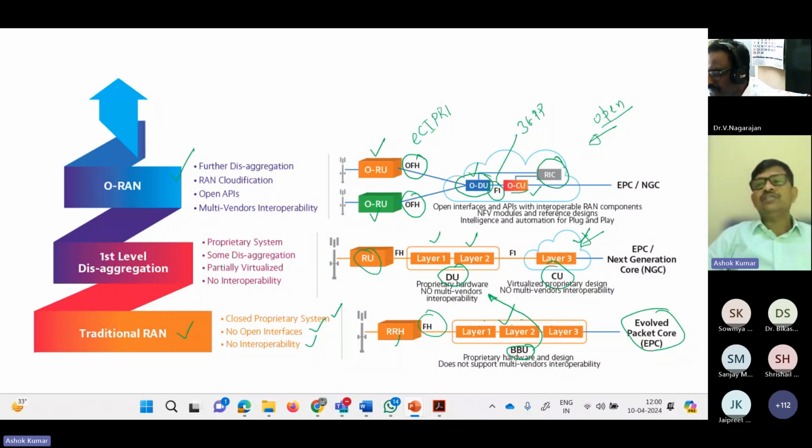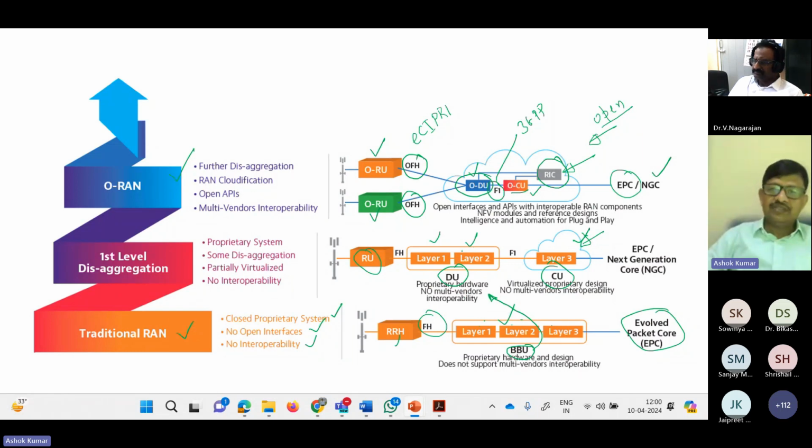On top of that, we are using the AI/ML concept also. And this particular architecture is not only for 5G, but also for 4G, for EPC or 5G, both. In case of 4G also, this disaggregation is possible as per the standard given by the ORAN Alliance. So that's the basic concept of Open RAN.